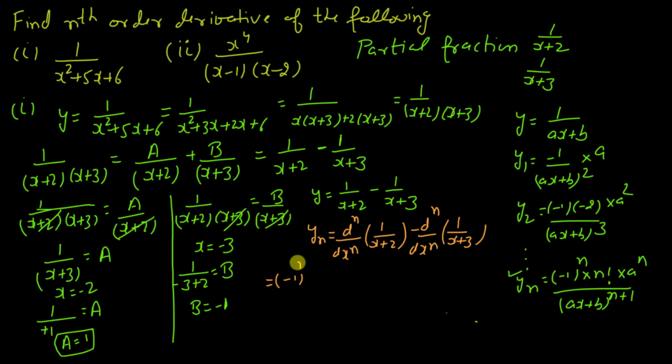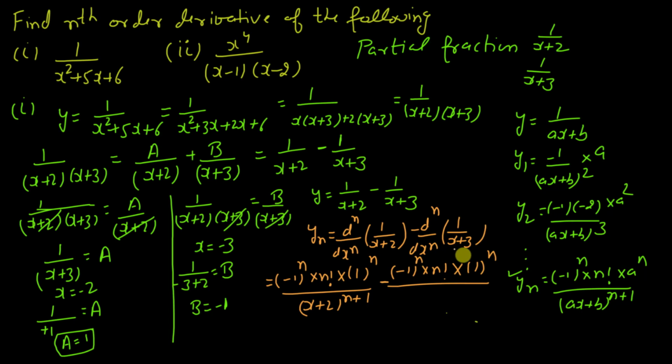Minus 1 raised to the power n will be same, n factorial will be same. Here a is 1 and b is 2, so 1 divided by x plus 2 raised to the power n plus 1, minus, here a is 1 and b is 3, so it will be minus 1 raised to the power n into n factorial into a, here a is 1, divided by x plus 3 raised to the power n plus 1.